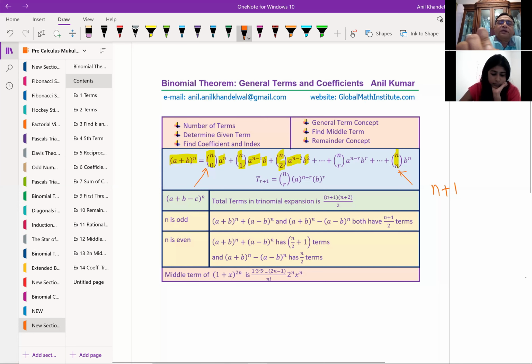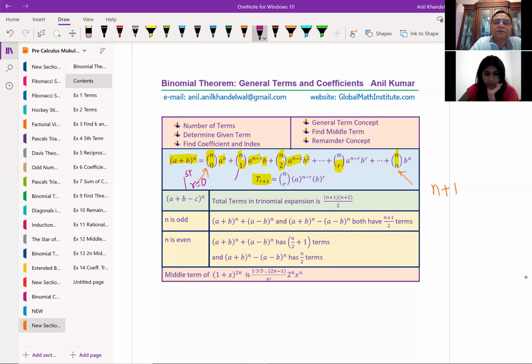But our focus today is on term number. We normally write term number with T and subscript r + 1, where r is that nCr. This is the r which we are referring to, right? How many do we have to choose from all n? And you will now notice that the very first term has an r value of 0, correct? r is 0 in the first term in nCr.